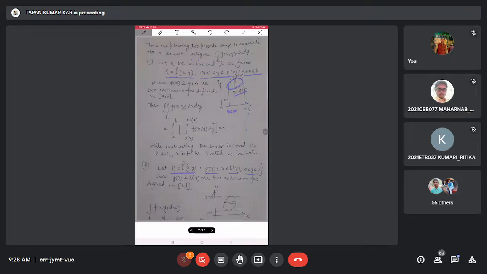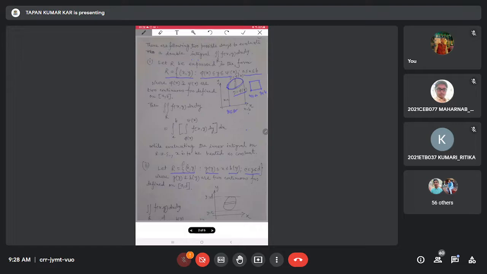But look at this. If you consider this one and this one, then x equal to a, x equal to b, and y equal to c, y equal to d, but it is not a square or rectangle, it is a curve.